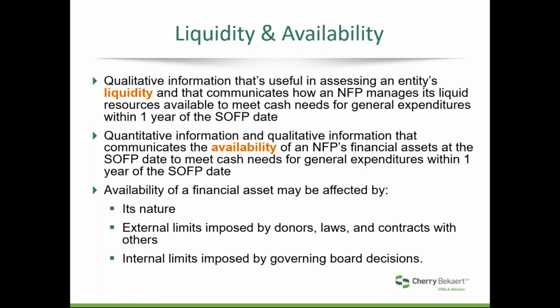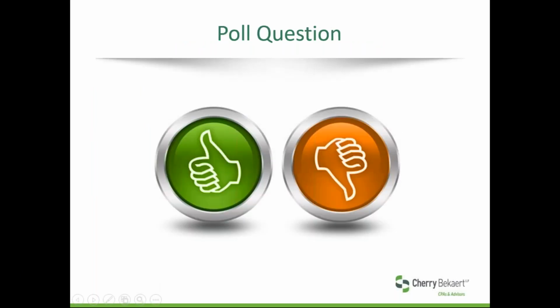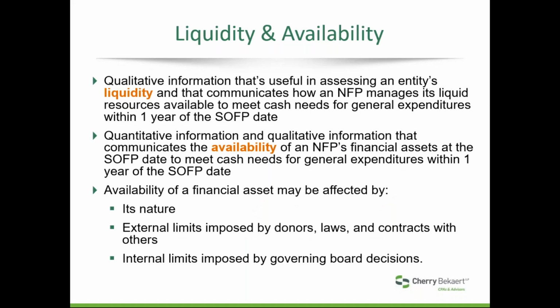There's always, however, been a general requirement that we present assets and liabilities in order of liquidity in the statement of financial position. And one of the suggestions we have here as you adopt the standard is to take a look at your statement of financial position, and if you feel that those assets and liabilities are not presented in order of liquidity, to consider making those changes.